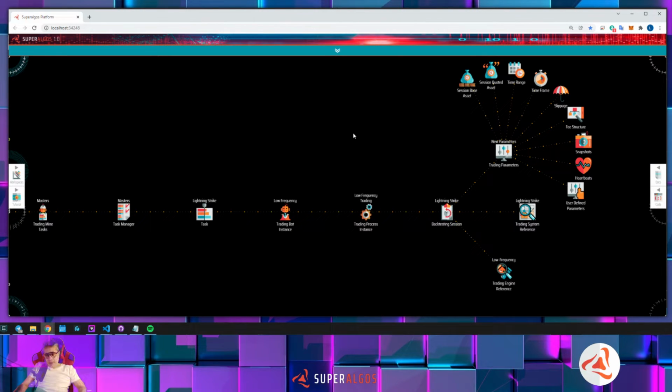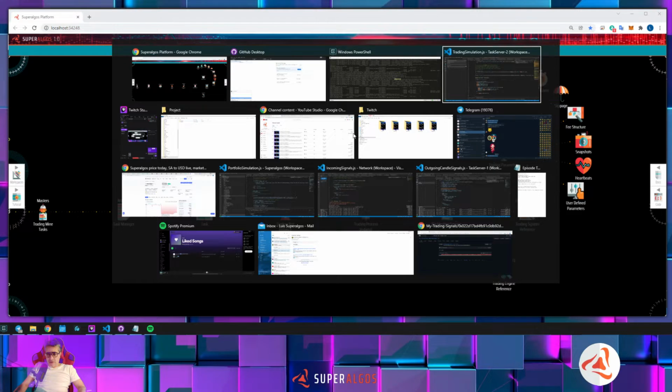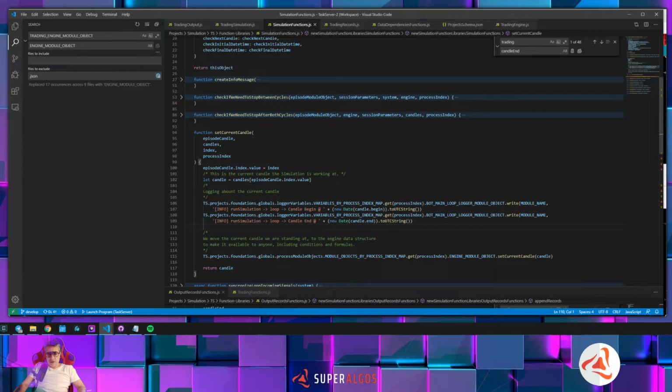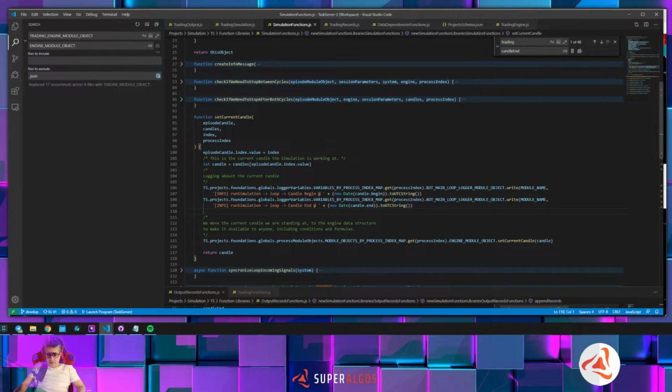Okay, but we haven't finished because still we have inside this simulation functions a lot of trading stuff.